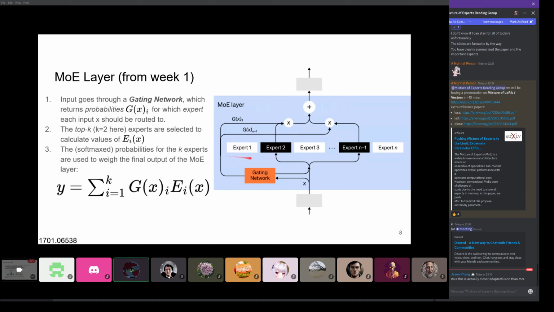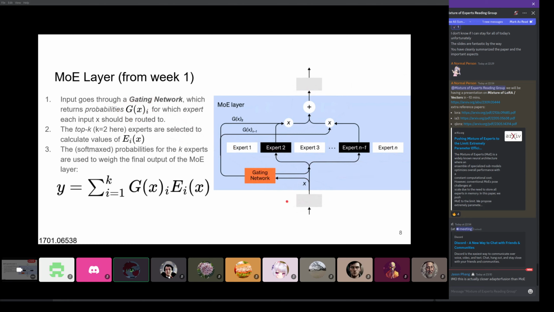This is just one layer that can be anything: an attention layer, an MLP layer, a linear layer, whatever. You have n duplicates of that layer, which function as individual experts, and you have a gating network that operates on the input vector x before that, so that you can get a list of routing probabilities or routing scores for that input x for each individual expert.